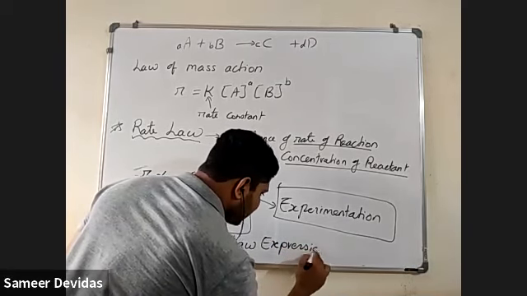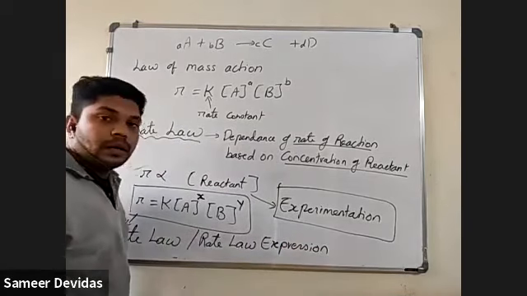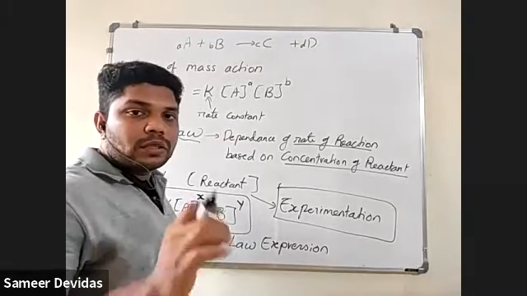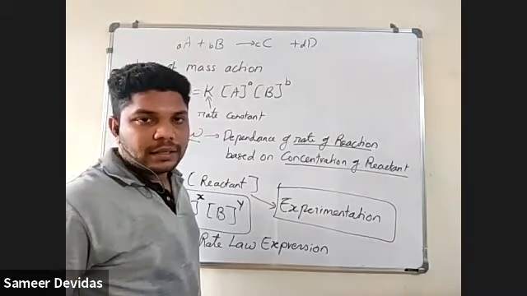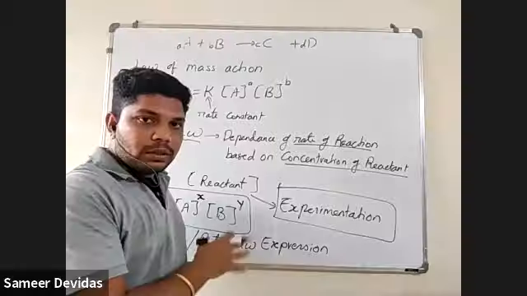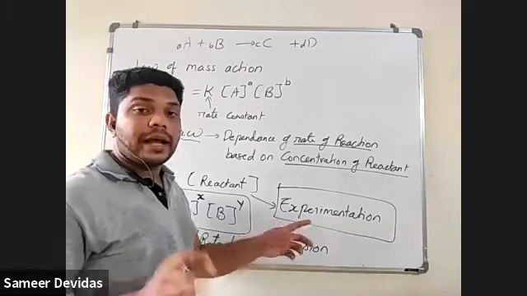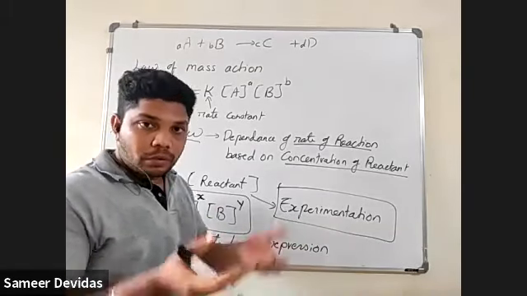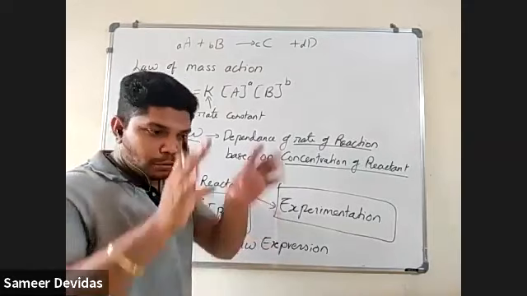So if anybody asks you, can we find out the rate law theoretically? Then what is your answer? No. Your answer is no. To write down the rate law, we need an experimental procedure, readings or observations from an experiment.